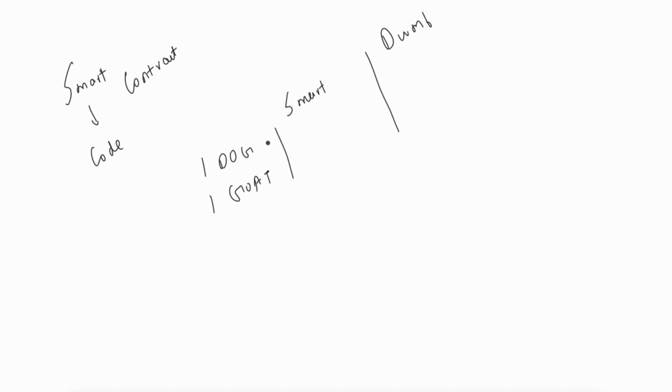The smart contract will understand that the dog has to be kept inside the house, and for the goat you could either sell it or keep it outside. And feed something like dog food to the dog, and for the goat you generally put leaves. So this is a smart contract because you have covered both the scenarios where you will receive a dog or a goat, and you have handled that.